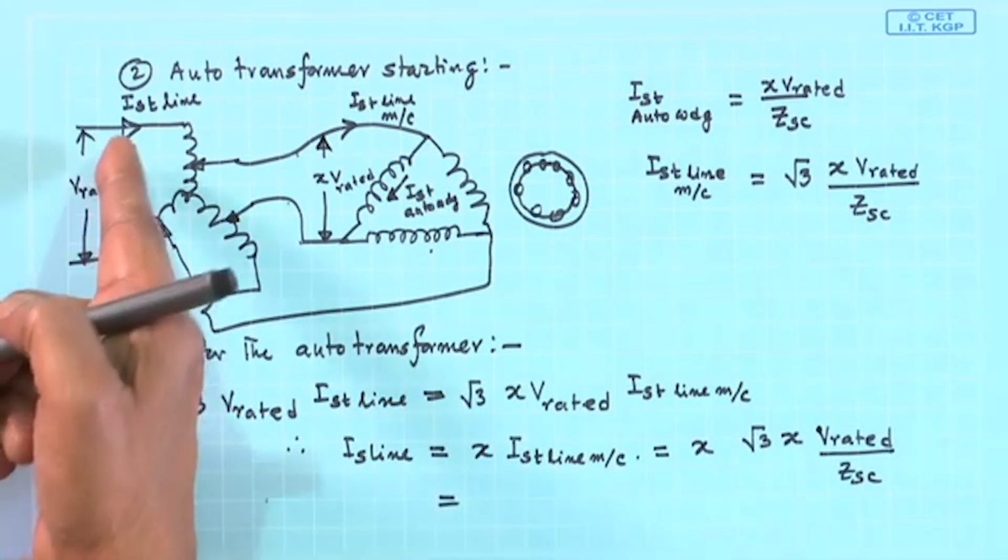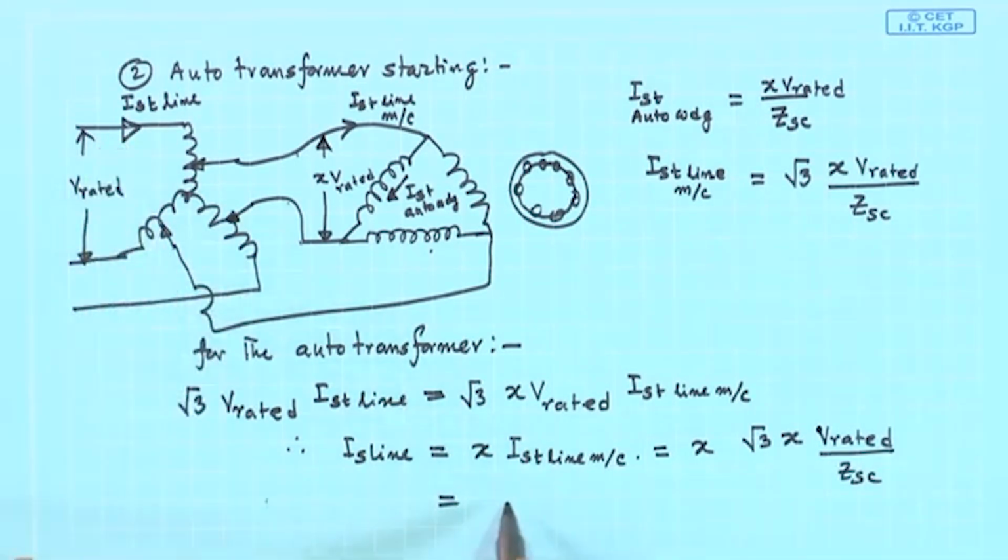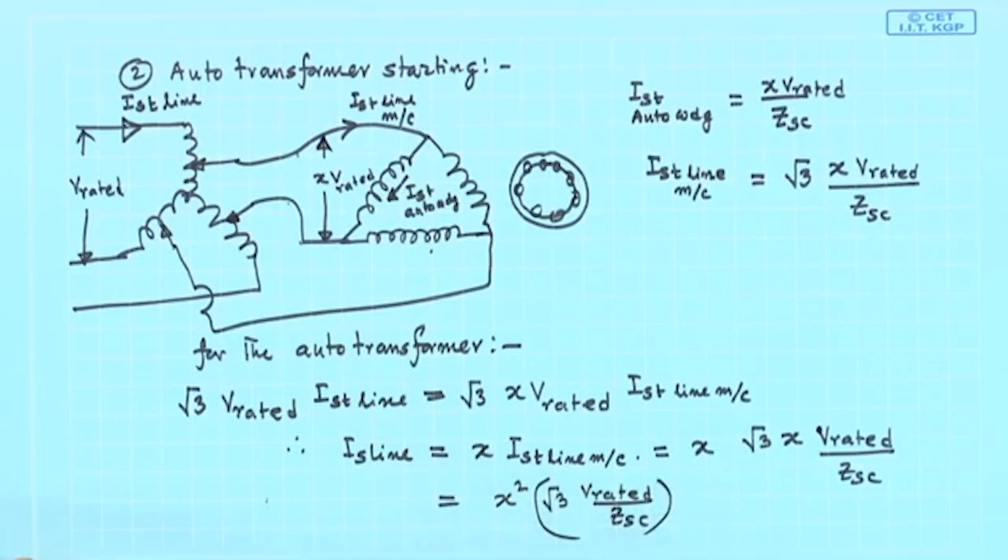Therefore, the supply line current drawn will become x square into root 3 V rated by ZSC. But this is nothing but the line current drawn when you adopted DOL starting. So, straight away I am writing this is equal to x square into I starting line DOL. x is a number less than 1.